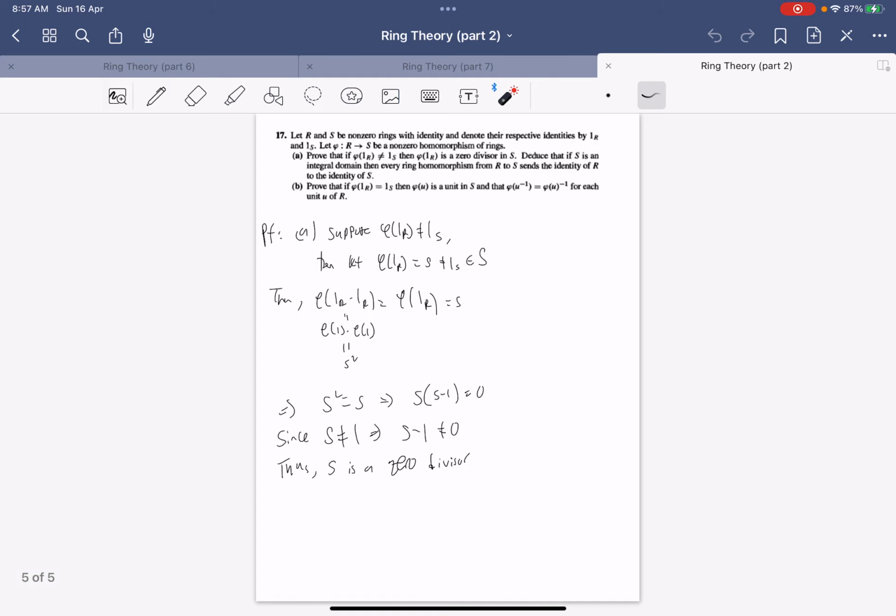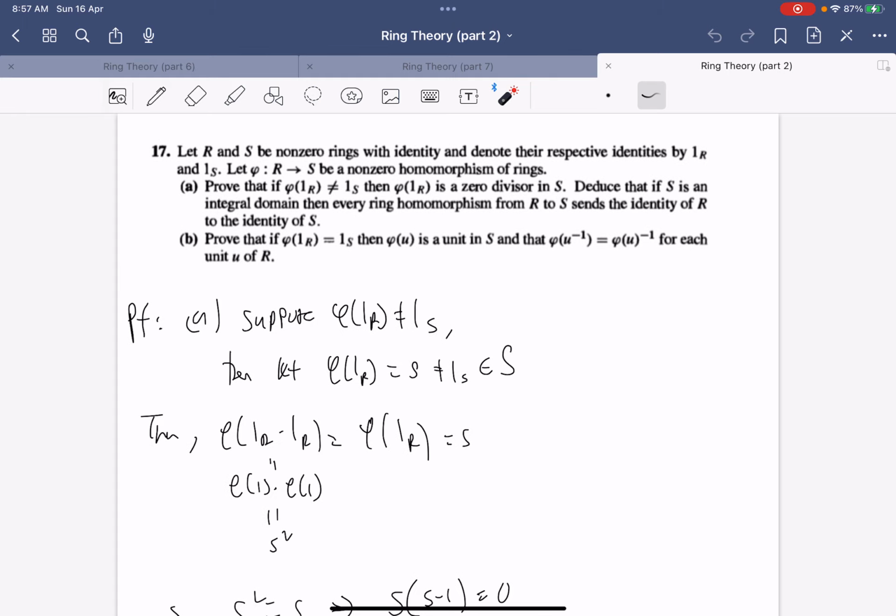And I'll leave it to you to now deduce. So now we want to deduce that S is an integral domain for every ring homomorphism that sends identity to identity. That's because if it sends the identity to identity, you can now play around with it and multiply it to see that it won't have any zero divisors.